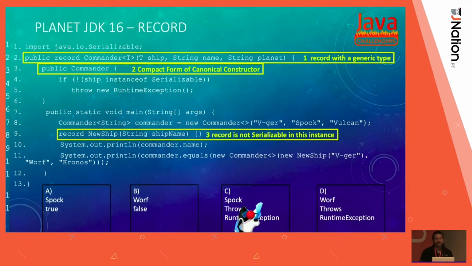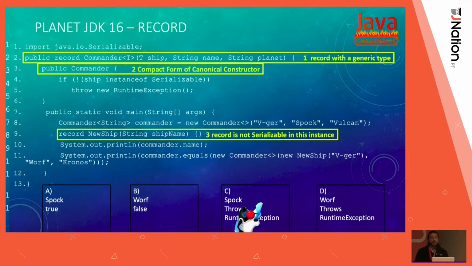And at the end, we are comparing the commander, whether it equals a new commander, and then we are passing the new ship record that we just created in this main method. And we can pass that because we are using the generic type T, and we can pass anything to this generic type.